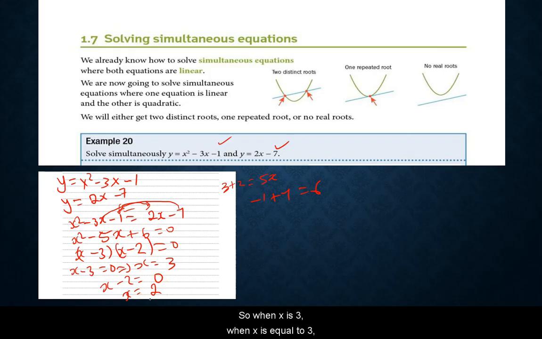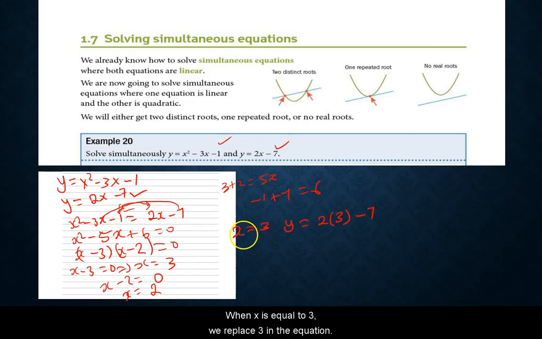So when x is equal to 3, y is equal to 2x minus 7, according to what we have in the original equation. Remember, here we have 2x minus 7.